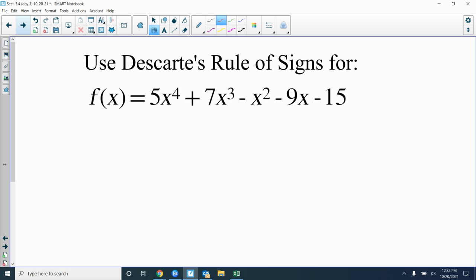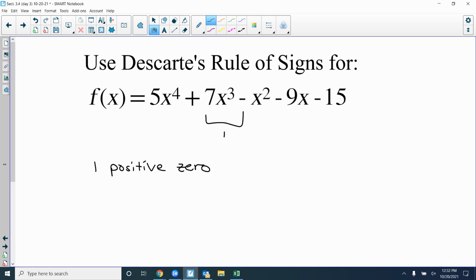Then whatever that is, you always subtract 2 until you get down to 0. So that tells you how many. Well, in this case here, how many times does it change its sign? Once. That's it. That means you cannot subtract 2 from that and get a positive number. So that means that there is one positive zero.